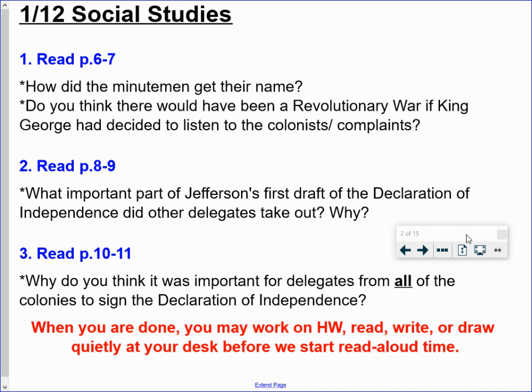Once you have written these down, when you're done, I need to add this, you're going to go and show me your answers. Then you will be able to work on homework, read, write, or draw quietly at your desk before we start read aloud time.